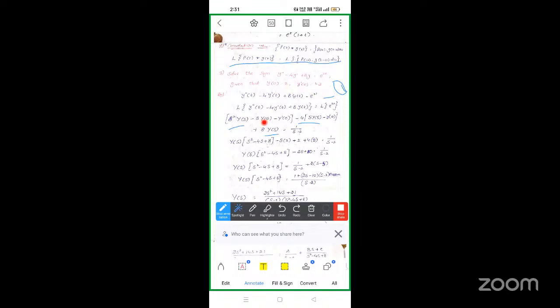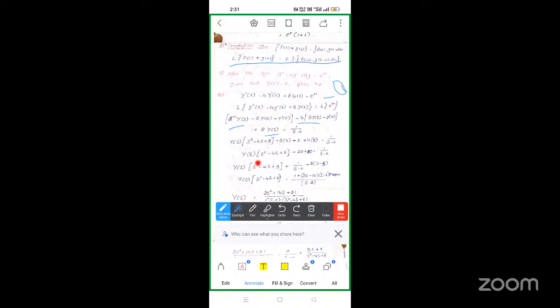Substituting, we get minus 2s plus 4, and here also minus 8 plus 8. So in total, minus 2s plus 2 plus 4 into s, 4 into 2, is equal to 1 by s minus 2.